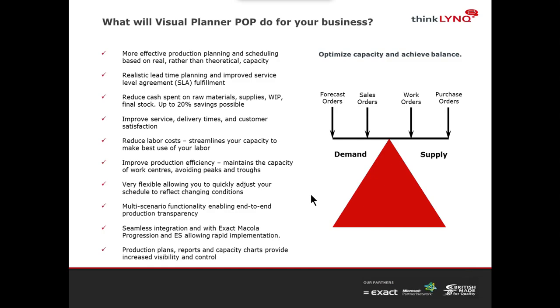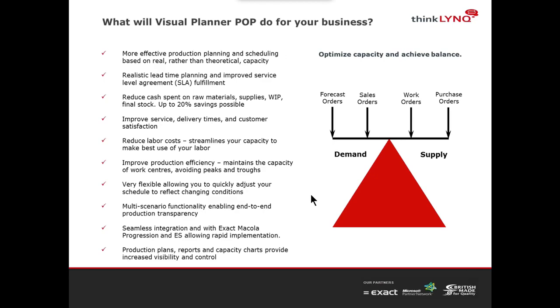It's going to reduce work in progress, and in some cases that can be up to about 20%. You're certainly going to improve customer service and delivery times. Customer satisfaction, as we know, is all important nowadays. Making sure that you can meet those delivery times is key.